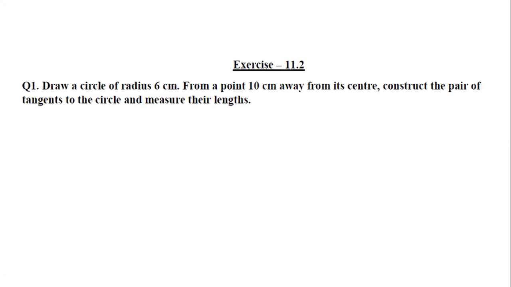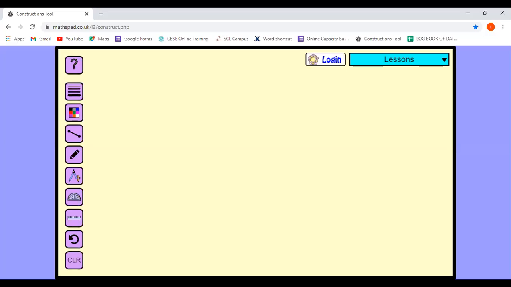Question number 1: draw a circle of radius 6 centimeter. From a point 10 centimeter away from its center, construct the pair of tangents to the circle and measure their lengths. So for this, first let us construct a circle of radius 6 centimeter.